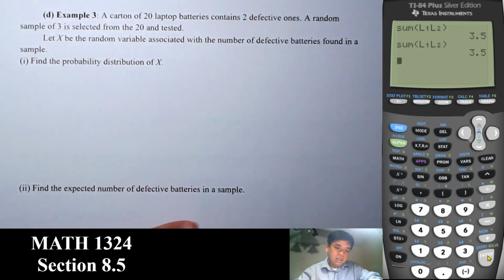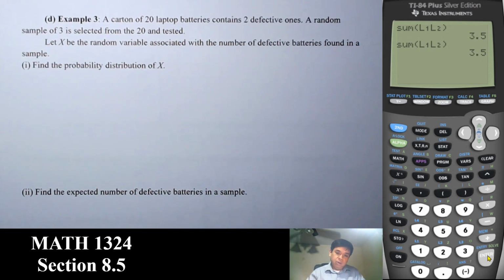Right, next. Look at this sample. A batch has 20 laptop batteries, containing 2 defective ones. A random sample of 3 is selected from the 20 and tested. Let X be the random variable associated with the number of defective batteries found in the sample.